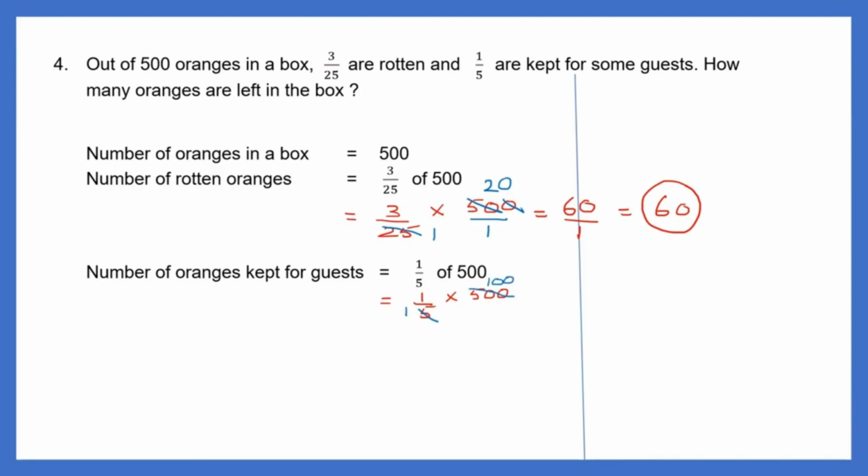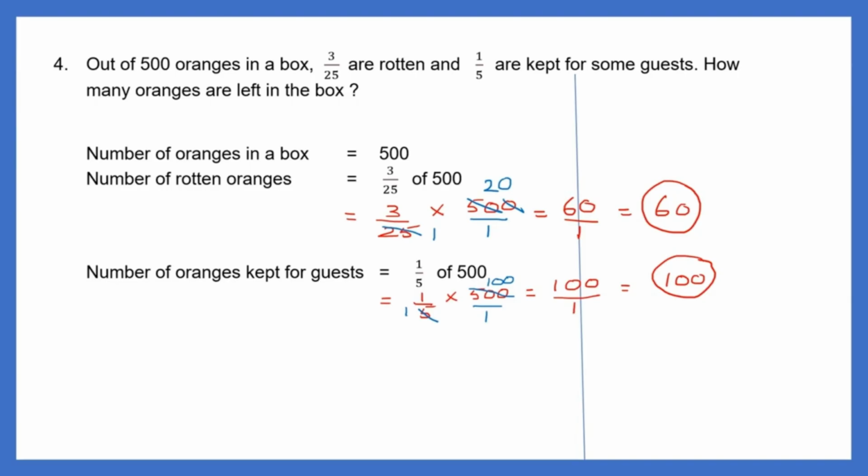So let's multiply the numerators. That is 100 by 1. If you give this a denominator, 1 into 1 is 1. So totally that's 100. 100 by 1 is 100. So now we know that 60 oranges are rotten and 100 oranges have been kept for the guests.